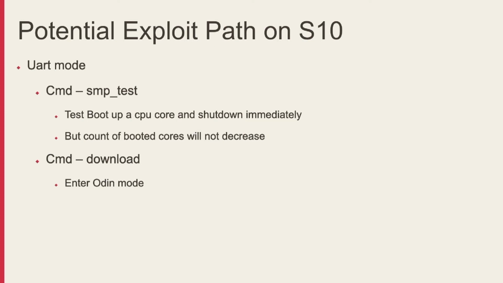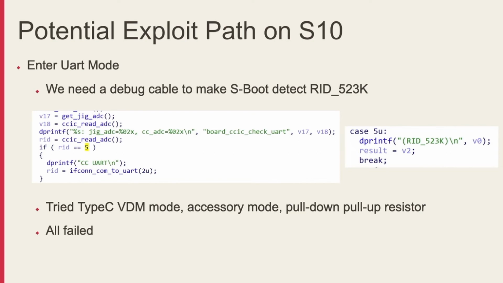We can keep increasing the count of booted cores until it exceeds the limit. And the UART mode has another command, download, which can enter into ODIN mode. So, if we can enter UART mode, we can exploit S10 with the vulnerability.